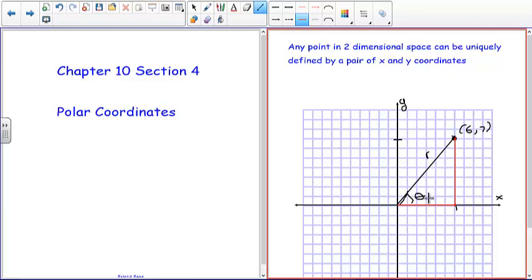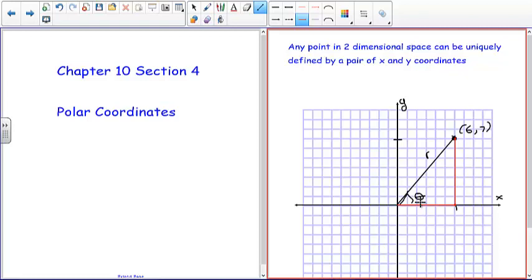So it's easy to convert from rectangular to polar coordinates relative to the radius. You just take the x-coordinate squared plus the y-coordinate squared, take the square root. The angle, which is in radians, is determined by the arctangent, so you can take the ratio of the opposite side to the adjacent side.